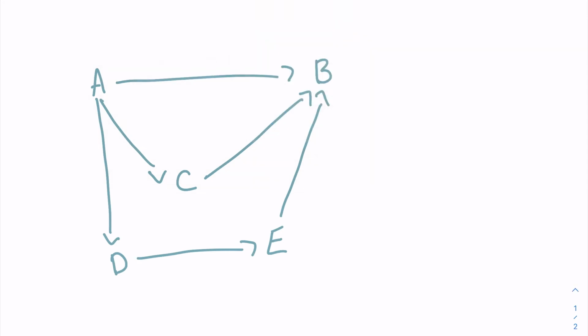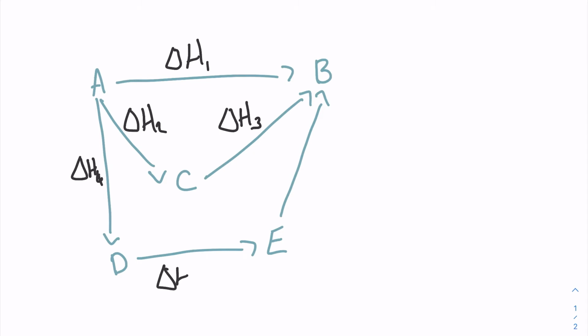So let's say delta H1 suggests the enthalpy change for the first route. We can do delta H2 and 3, and then 4, 5, and 6. So we can get home in a few different ways.